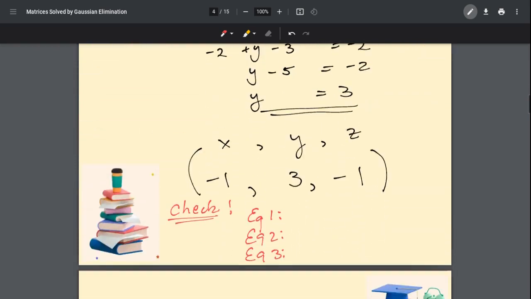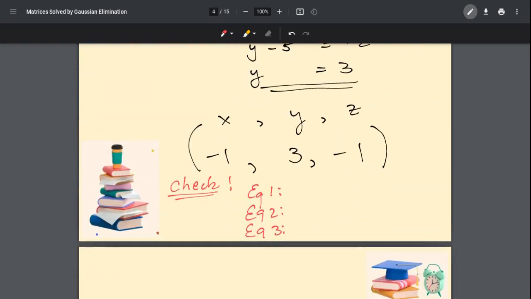You go back to your original, see what it is, and then you plug it in. 2 times -1 plus 3 plus 3 times -1. Is it equal to -2? Let's check. -2 plus 3, that's 1, minus 3 is -2. -2 equals -2. That's good.